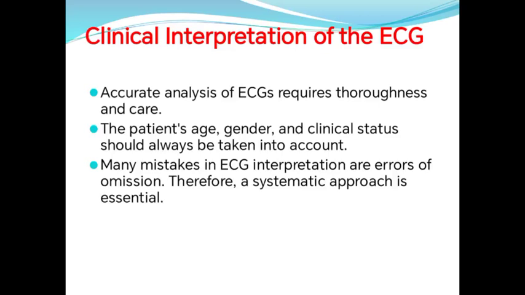Many mistakes in ECG interpretation are errors of omission. Therefore, a systematic approach is essential. You have to read the whole ECG slowly and carefully, so as not to miss anything.